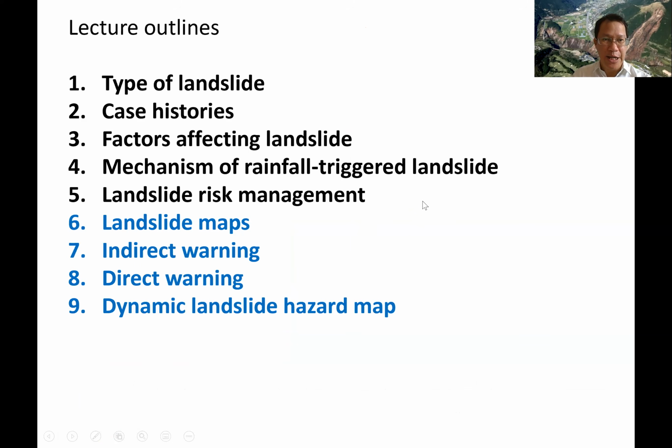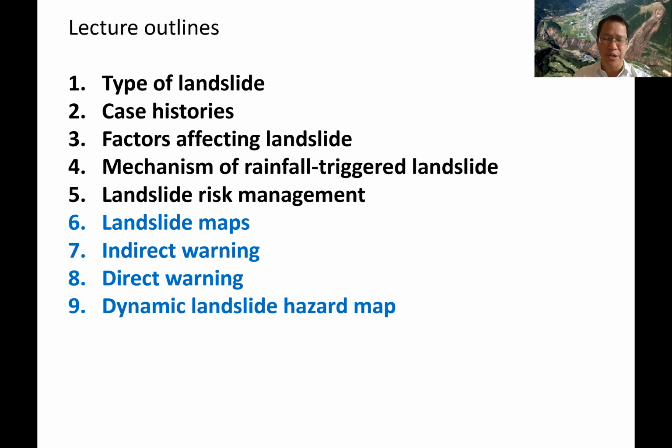These are the outlines or the topics that we're going to discuss in this lecture. First, the types of landslide, the case histories, factors affecting landslides, and the mechanism of rainfall-triggered landslides. There are other trigger situations, for example earthquakes.